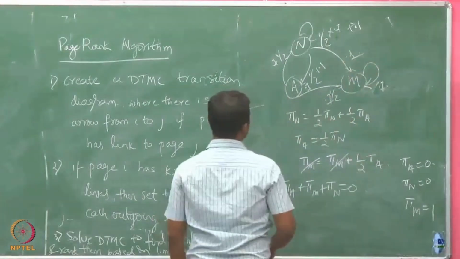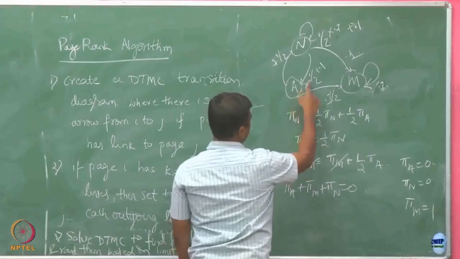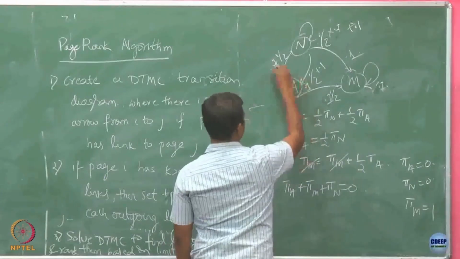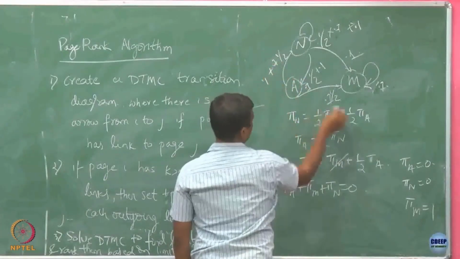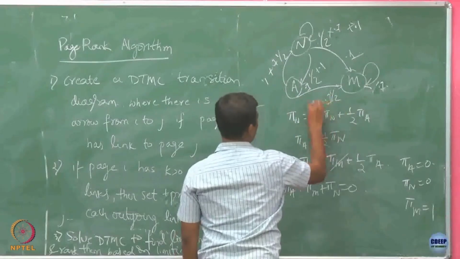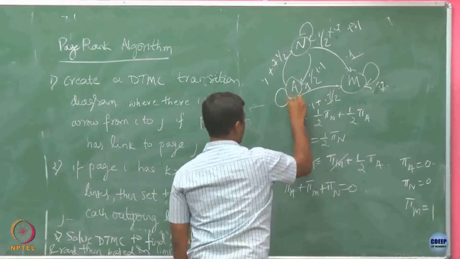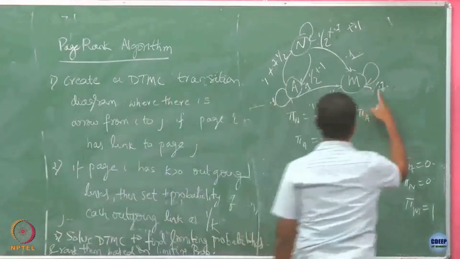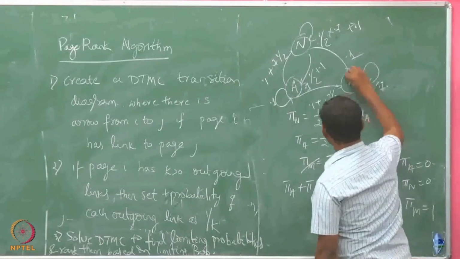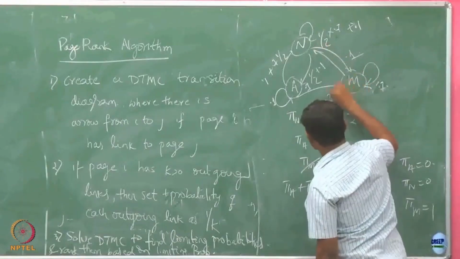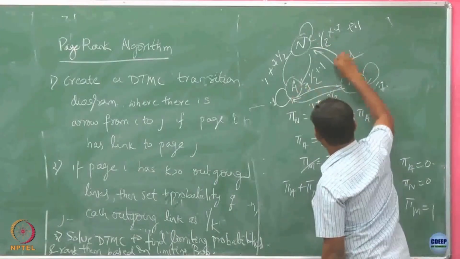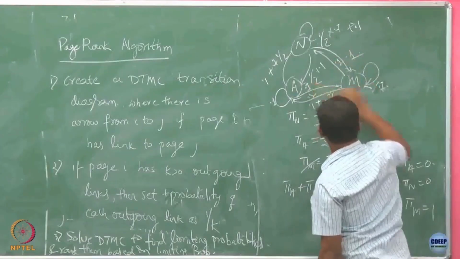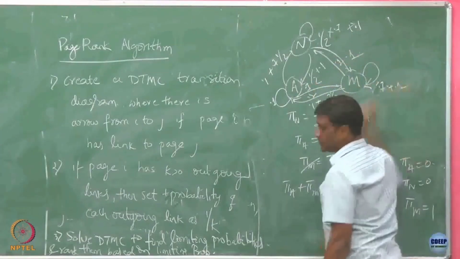And now I have taken 30% out of this, so I add 0.1 here, and this one also I will add 0.1, and also add a self loop here with 0.1. And similarly this guy also initially did not have any link to this and also this, so I will add 0.1 here, 0.1 here, and the remaining 0.1 here.